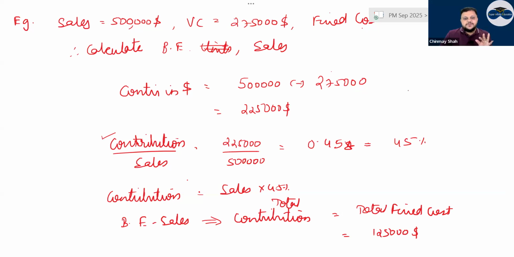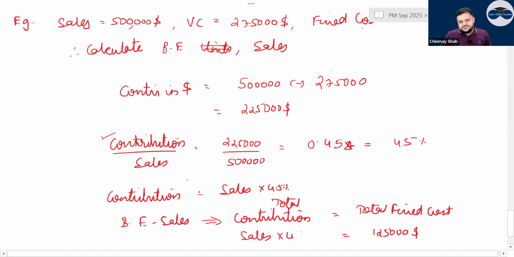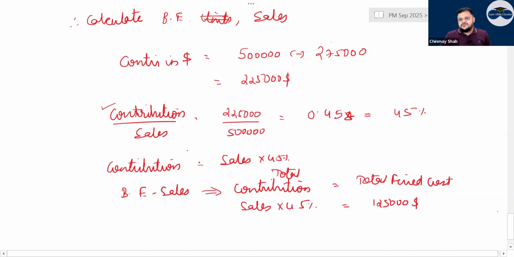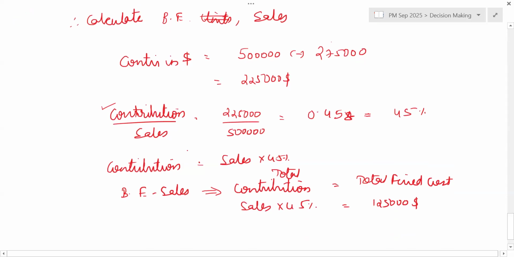Contribution by sales. If you have to find contribution, what is the formula? Sales into what? 45%. If they both are the same, if I do sales into 45% and it gives me 125,000, will I be at no profit, no loss? Yes, sir.